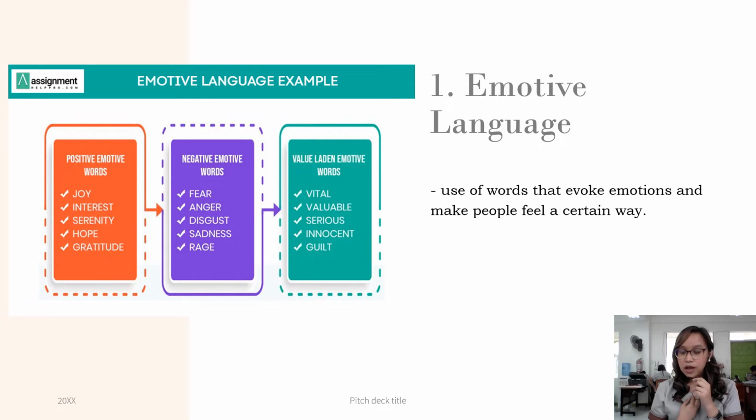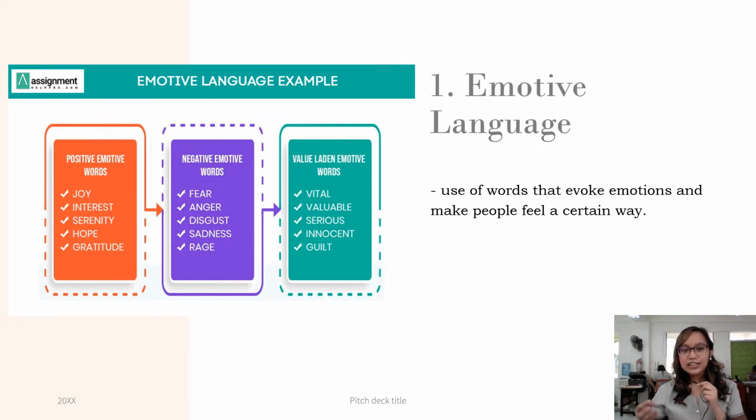Paano ba kasi natin makakapture yung reader? Kailangan gumamit tayo ng language na makakadala sa kanila. Like for example, someone says, you know, you're so beautiful. So, di ba, parang sa tingin mo, napakaganda mo talaga kasi sinabihan ka, napakaganda mo talaga. So, that's one use of emotive language. What else? Like, for example, you are my serenity.